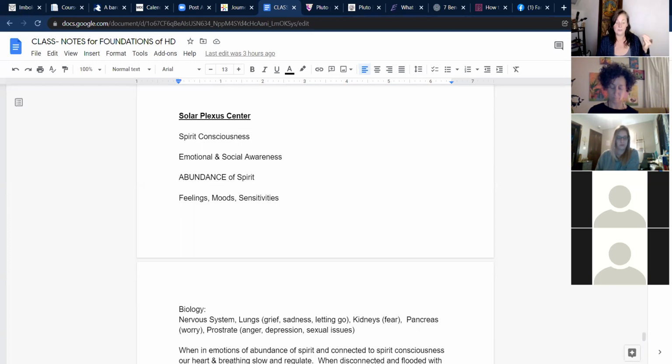And this is why if you are emotionally defined, it is not advisable and not correct to be impulsive with taking action on how you feel. Because you need to wait through the wave, and we're going to go through the waves here in just a bit.